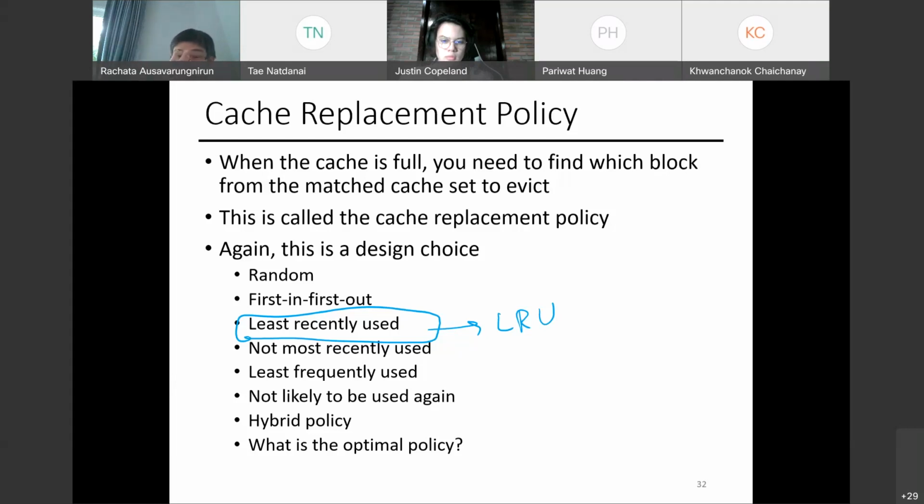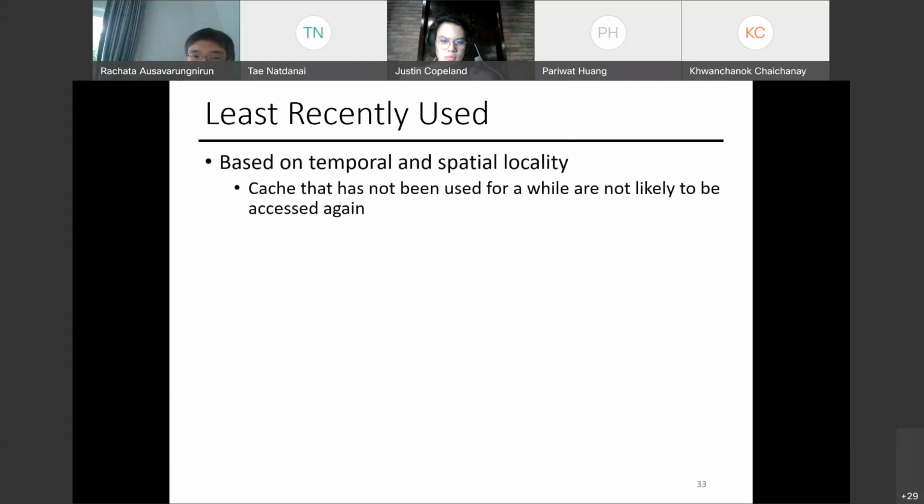Again, replacement policy is a design choice. I'm going to talk about the LRU. Least recently used is basically based on temporal and spatial locality. Anyone remember what temporal locality means? What is temporal locality? Question 1. And what is spatial locality? Question 2. Obviously, time and space.